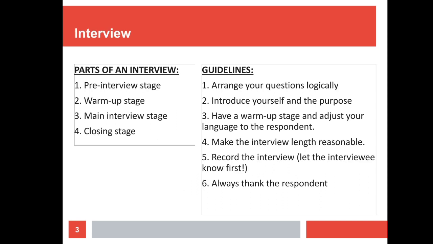The next one is an interview. Now, an interview is also a research instrument that allows the researcher to qualitatively gather data. In an interview, there are 4 parts. First, the pre-interview stage, and then second, the warm-up stage. Thirdly, the main interview stage, and fourthly, the closing stage.